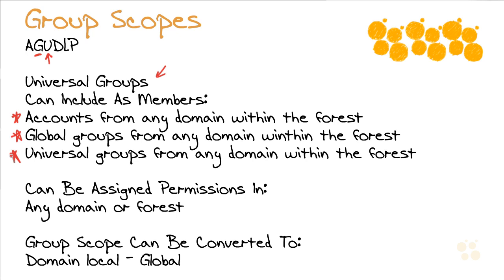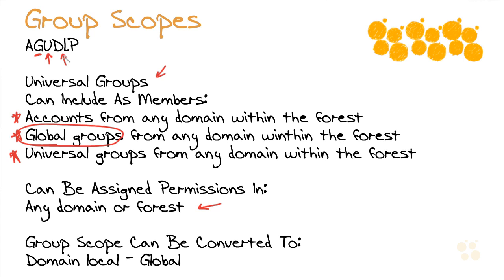What do we often put in them, of course? We typically put global groups inside of the universal group per our AGUDLP process. We can assign permissions to these things across any domain or forest, but understand, we're typically assigning the permissions, as we said, to the domain local group.